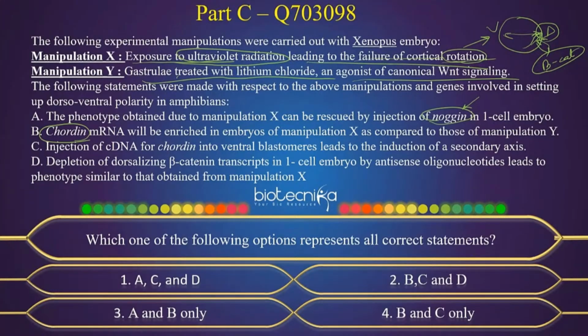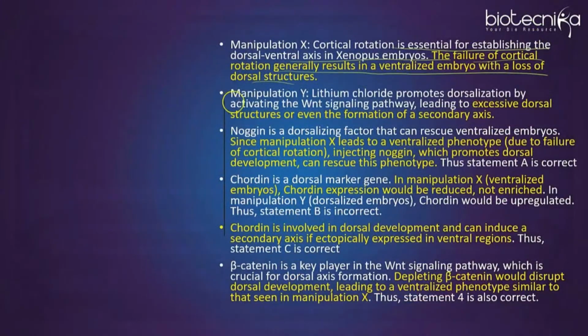However, if lithium chloride is there, beta catenin not only accumulates in a specific region, but it accumulates in the entire embryo. Wherever beta catenin is there, it will give rise to dorsalization. So even at the ventral side, you can expect dorsalization. So manipulation Y, lithium chloride, promotes dorsalization by activating the WNT signaling pathway, leading to excessive dorsal structure or even the formation of a secondary axis.